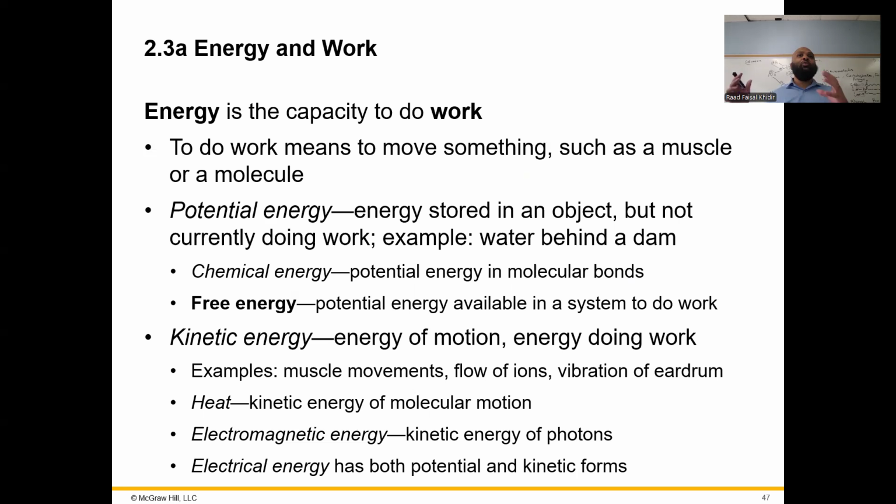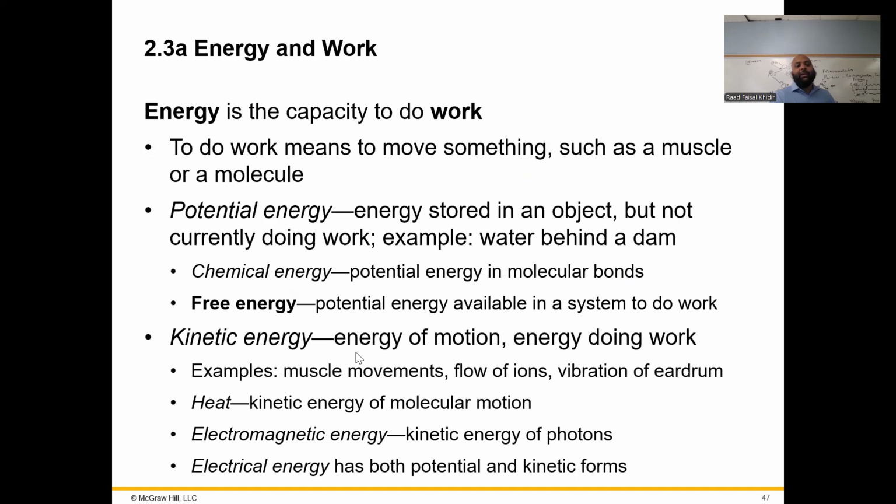When we had on one side 500 millimoles of salt and on the other side only 100, what made the salt move from an area of high concentration to an area of low concentration? It's the kinetic energy, the bumping and movement of these molecules, moving from one place to the other.